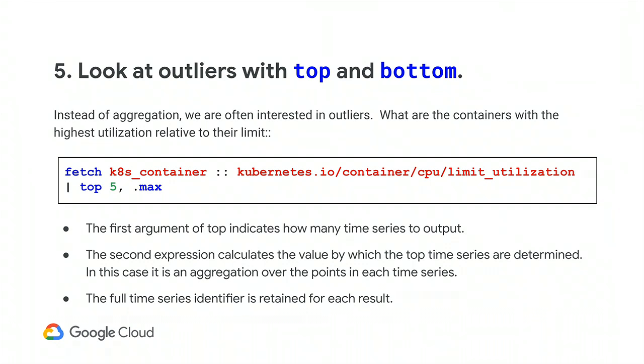So this is an aggregation function. Max is an aggregation function. It's applied to all of the points in a time series to get the maximum value of that time series. And then we look for the time series with the top 5 time series for that value. You can use any kind of aggregator here. Mean is also a good one to use. And you can also use bottom here to look for things with the smallest amount.